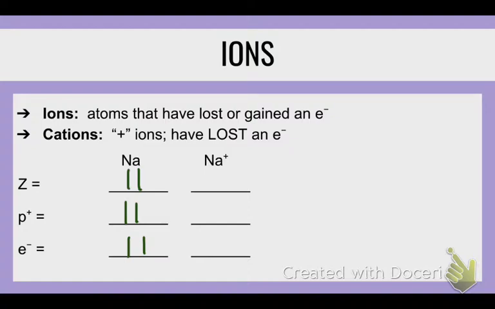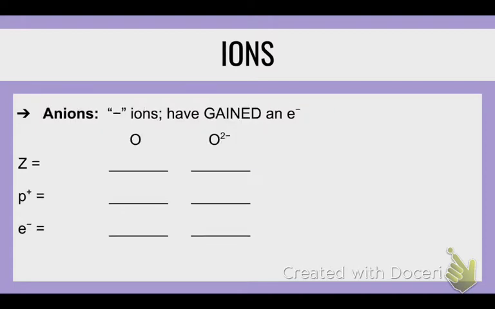But in the ion, the sodium ion, atomic number is 11, number of protons is 11, but an electron has left the atom, and when it leaves the atom, it leaves a more positive atom, because now I have less electrons, so I get a sodium plus 1 ion with 10 electrons. So cations are positively charged ions.